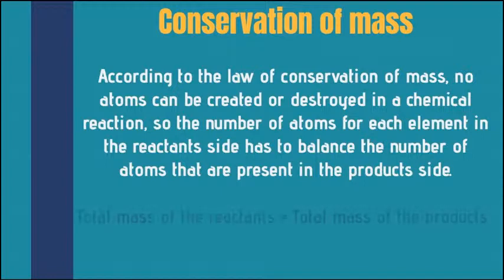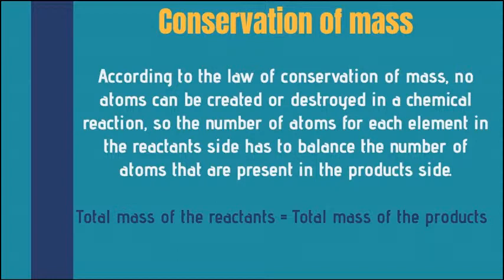So in other words, the total mass of the products formed in a chemical reaction is equal to the total mass of the reactants that participated in the reaction. It's kind of similar to math. Do you remember RHS is equal to LHS, that is right hand side is equal to left hand side? It's the same here. In math, we prove that RHS is equal to LHS when both the values on either side of the equals sign are equal.